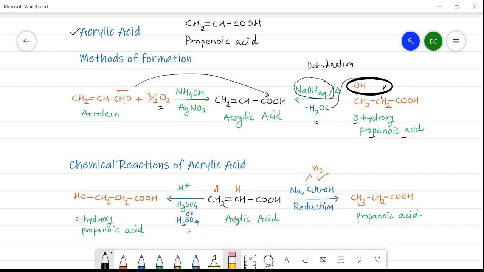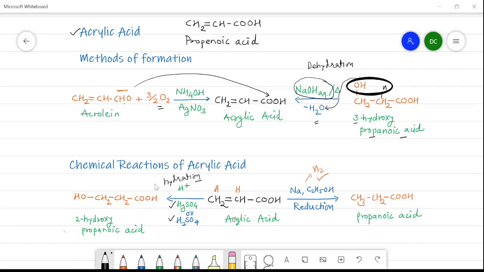Then the second reaction is that acrylic acid is converted into 2-hydroxypropanoic acid by treating with water in presence of HgSO4 or H2SO4. It is called a hydration reaction.